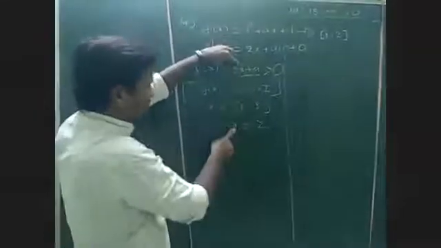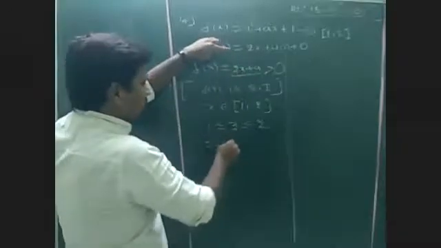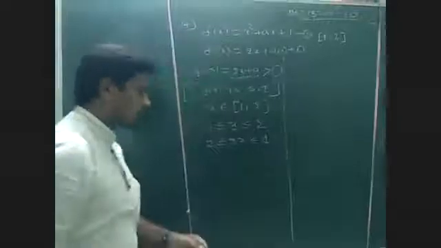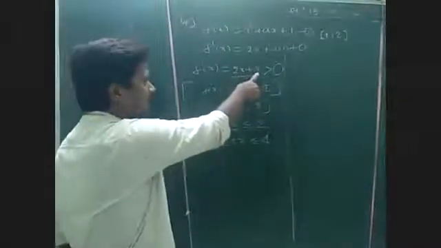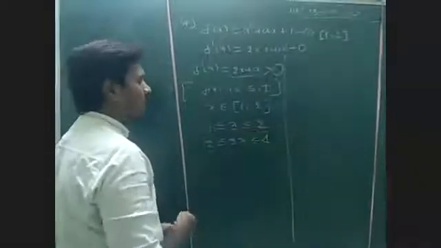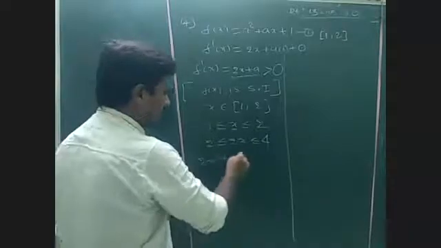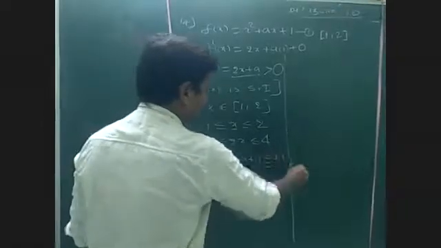Multiplying by 2: 2 less than or equal to 2x less than or equal to 4. So 2x lies between 2 and 4. Adding a on both sides: 2 plus a less than or equal to 2x plus a less than or equal to 4 plus a.